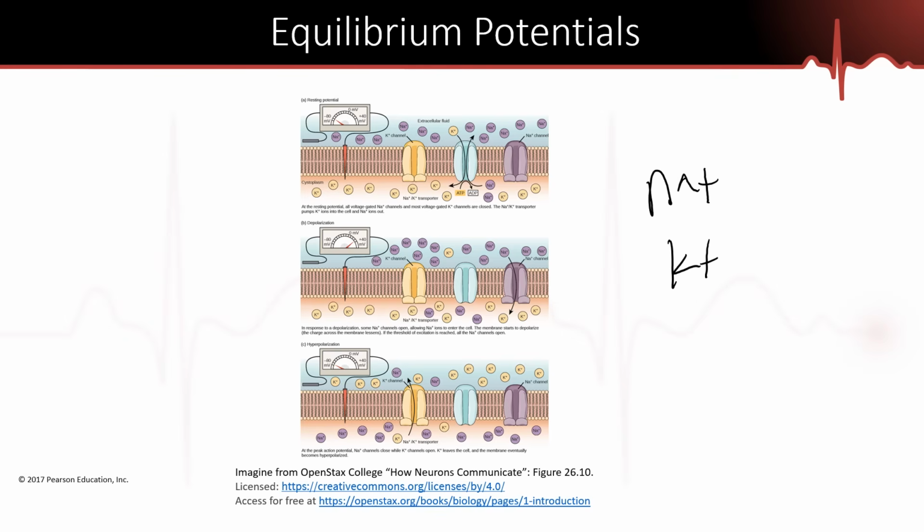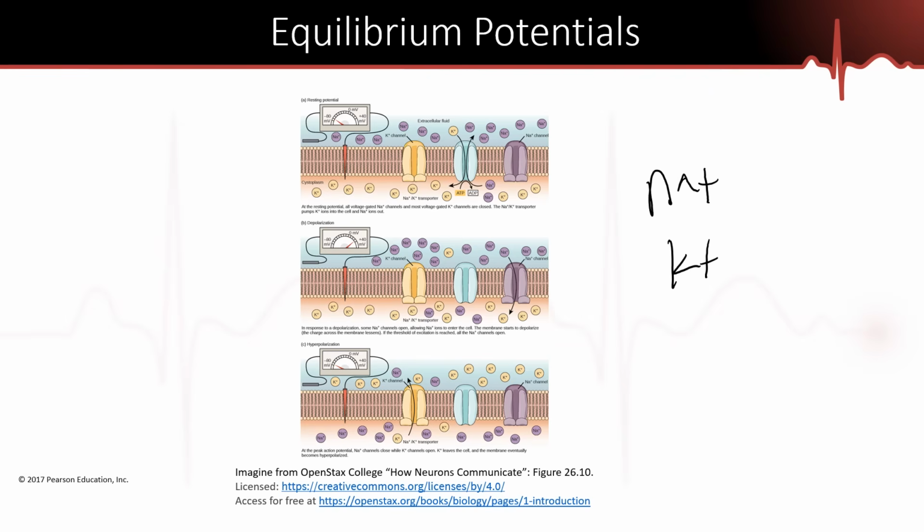But understanding exactly how it's established on a functional level is exactly the same from cell to cell, even if the end number is a little bit different. So let's go ahead and get started in discussing the equilibrium potentials for sodium and potassium.